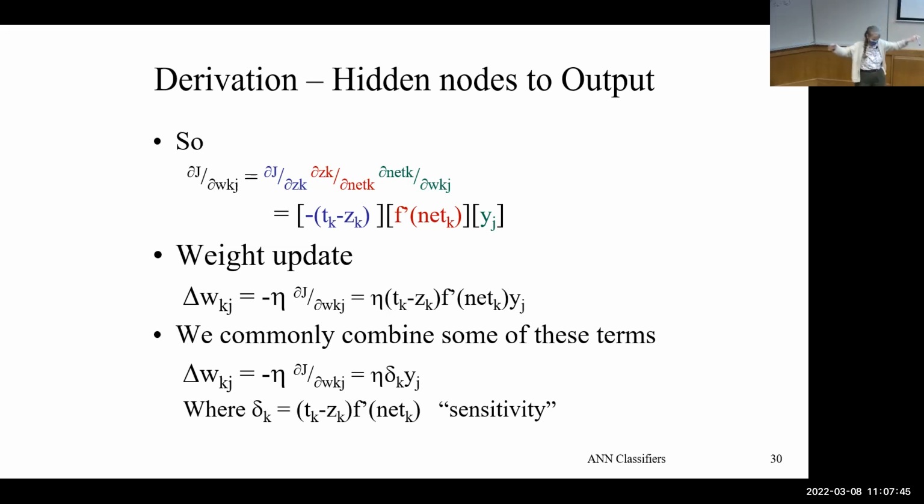Which way am I going to go? Which way is downhill? That way. So we have our step, we've got all those 3 pieces up there, and this is how we update our weights.